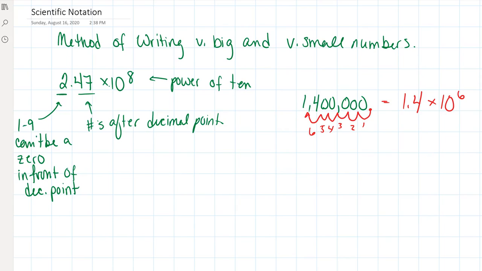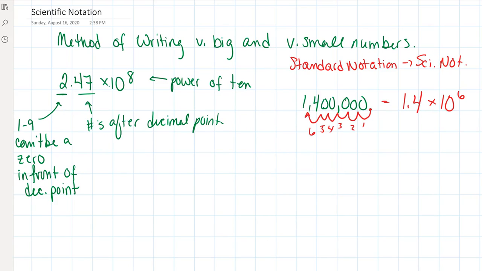So in this case, we're going from what we call standard notation to scientific notation. And I don't have to write in all these zeros because they were just placeholders.